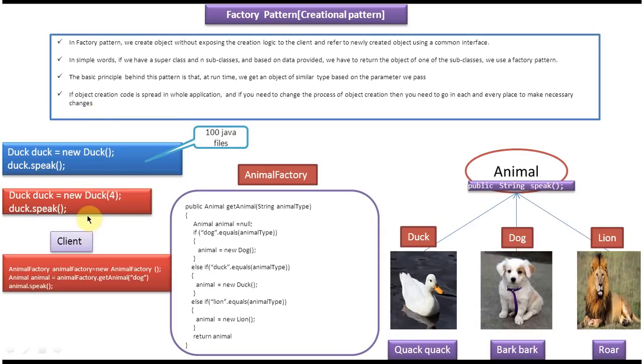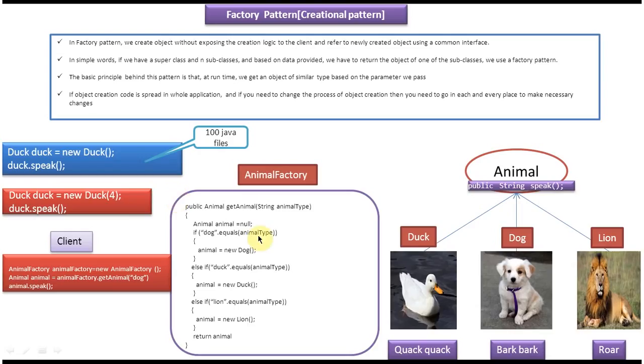This kind of going and changing in every place, we can avoid using the animal factory. If you use this factory pattern, we can avoid this kind of work. If the object creation logic changes in future, then we no need to go and change in all the places.